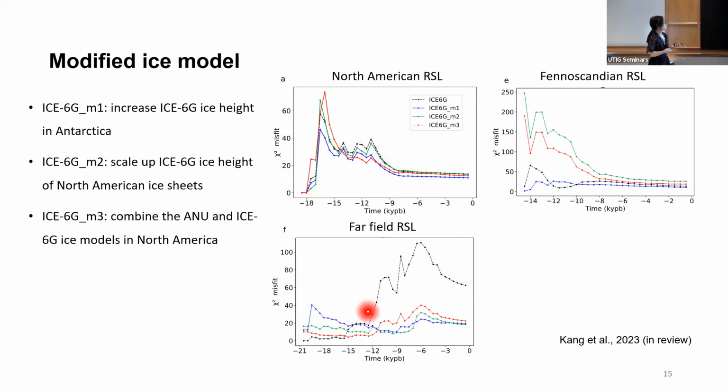And we find if we include more ice, either in the North America region or in Antarctica, they can improve the misfit to the far field relative sea level quite largely. You can see the black one is the original misfit for the far field, and if we include those ice changes in ICG, all of those misfits improve quite well.